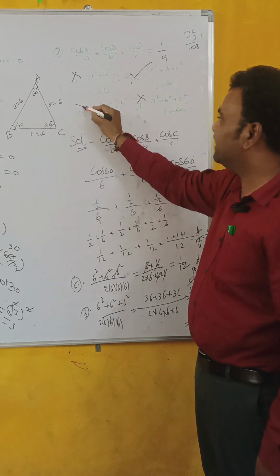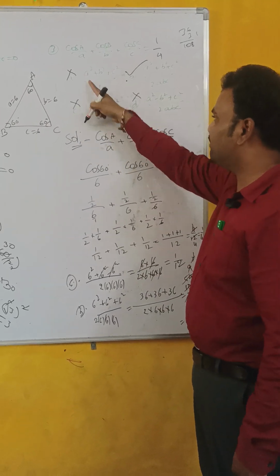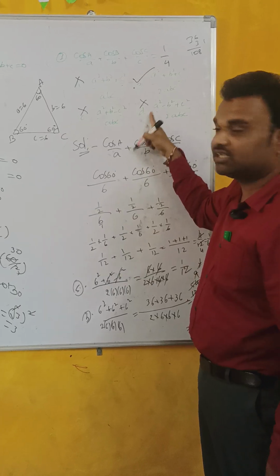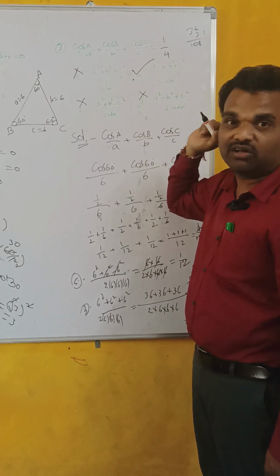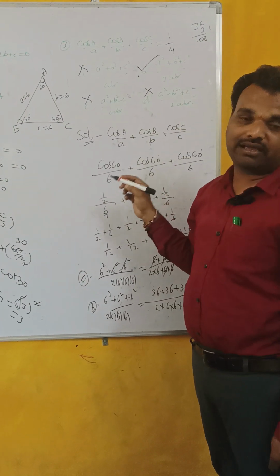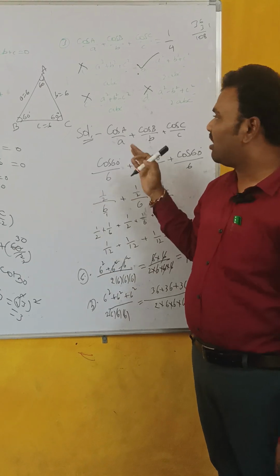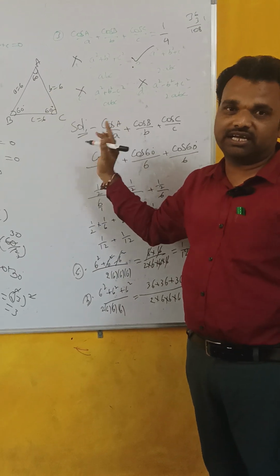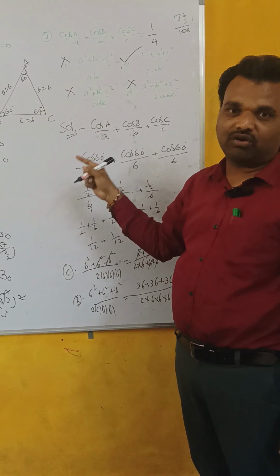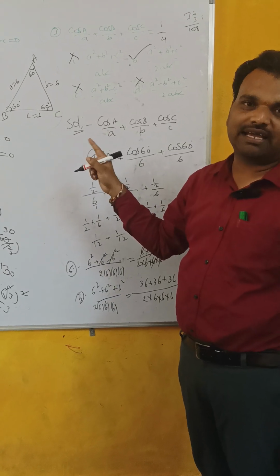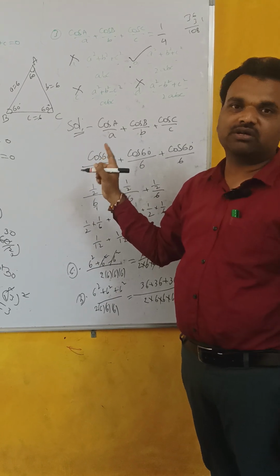So that's why A, C, D are the wrong answers. Only option B is correct. That's why our trick is applicable from the properties of triangles. All the angles should be equal to 60 degrees, and all the sides should be equal: a equal to b equal to c equal to 6.